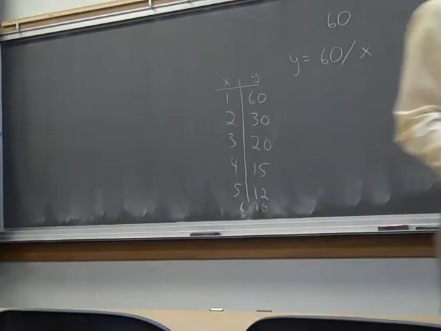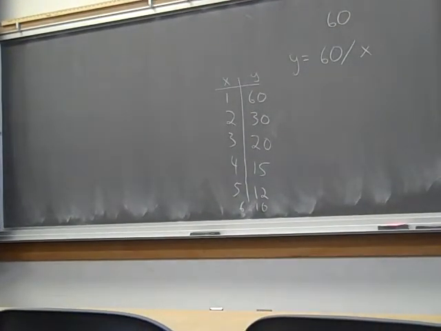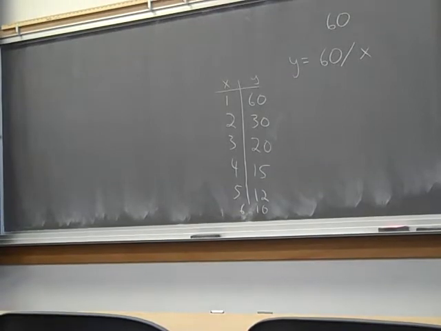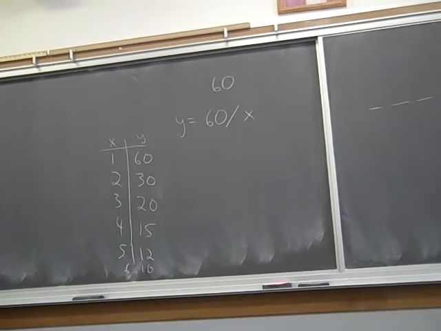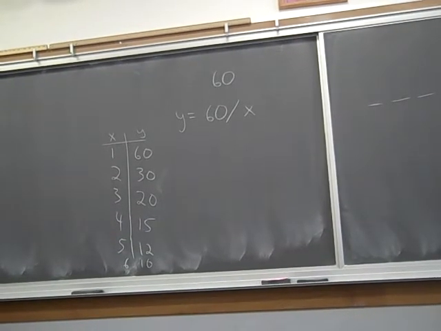I said, so how do you know you've got them all? I could go down so that my x got clear to what? 60, and its partner would be 1, right? Do I have to go clear down to 60? No. How far do I have to go?